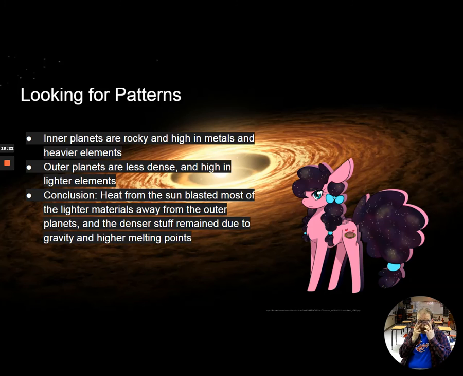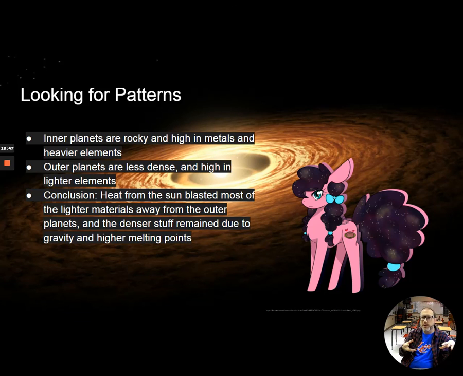Other patterns that we noticed, again, the inner planets being so rocky and so dense, and the outer planets having such thick atmospheres but being mostly lighter elements. What we can infer from that is that radiation and solar wind blasted a good bit of the early atmosphere off of those inner planets, whereas it didn't happen to the ones further out.